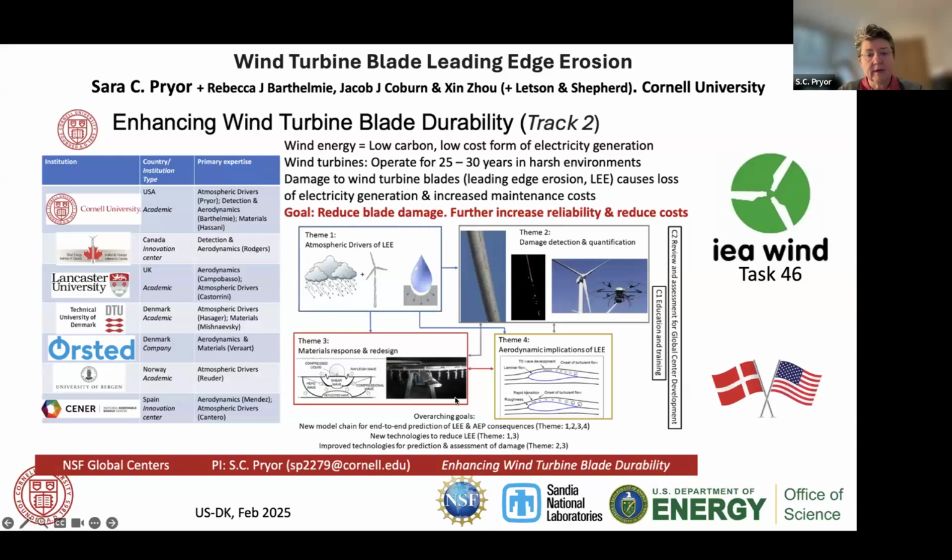Theme 3, which is an area of great strength at DTU, is materials response and redesign. As these hydrometeors hit the blade, what happens in the coating and the substrate? What are the von Mises stresses that are being induced? And then last but not least, there's the aerodynamic implications. So how do we go from damage to understanding how much power we are losing?